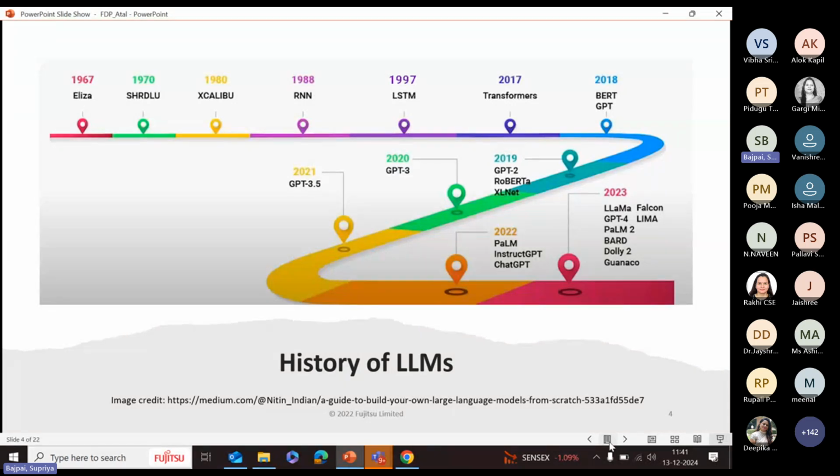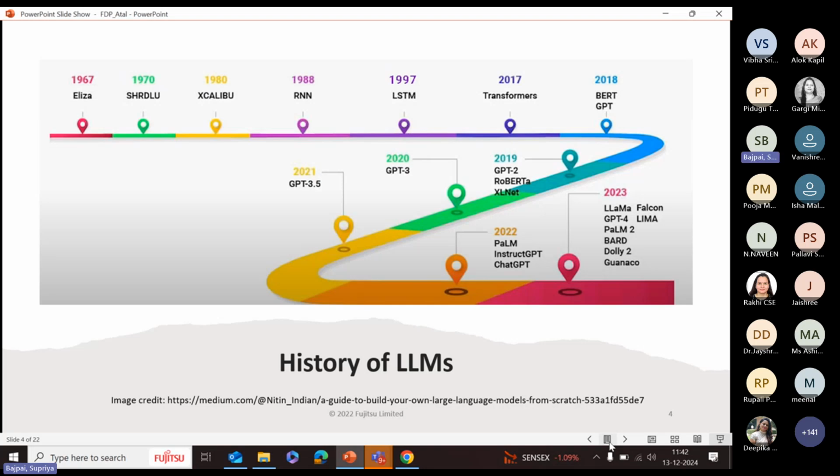But RNNs struggled to remember longer context, which led to the development of LSTMs, long short-term memory networks. LSTMs were like RNNs but with better memory, which allowed them to handle longer text more effectively. They were good for early chatbots and language tasks.